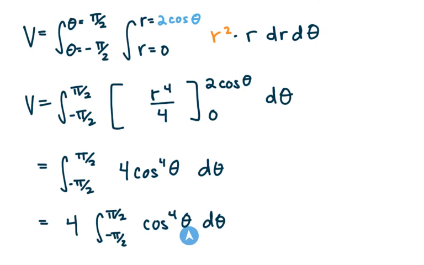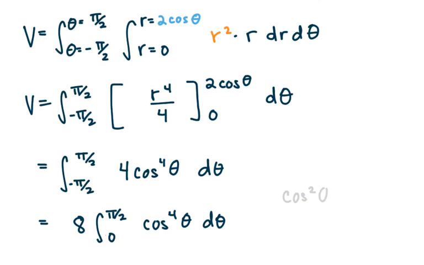And since I know this is symmetric, I can say 0 to pi over 2 and double that coefficient in the front. So I cut my interval in half and I double my integral value. And at this point, we can reduce this using double angles. So we would use those.